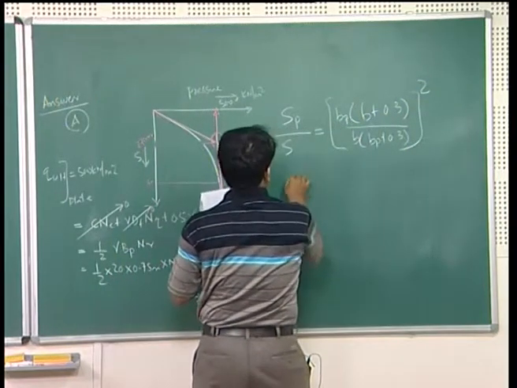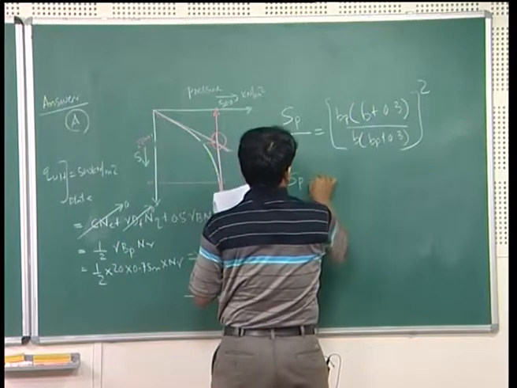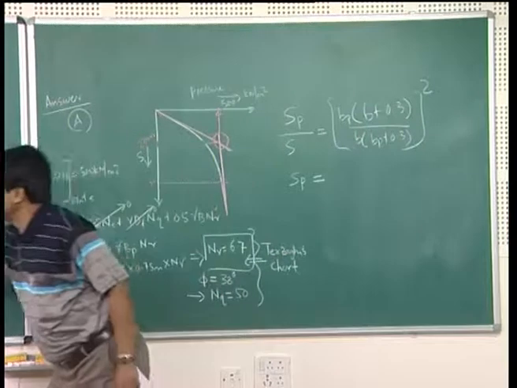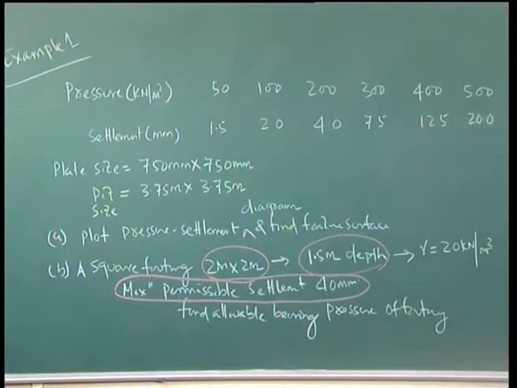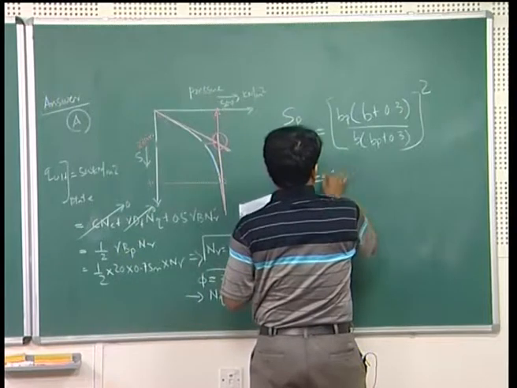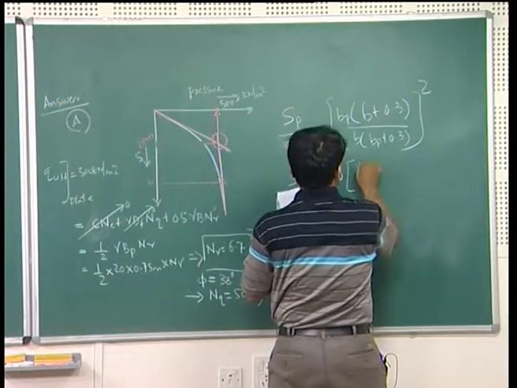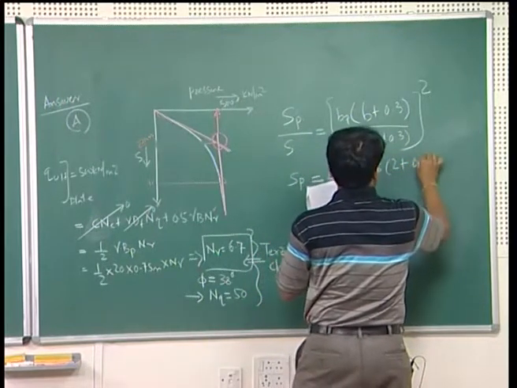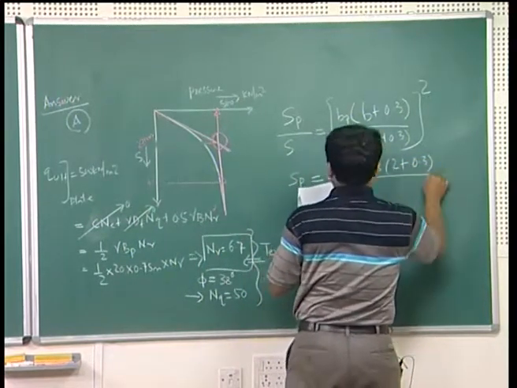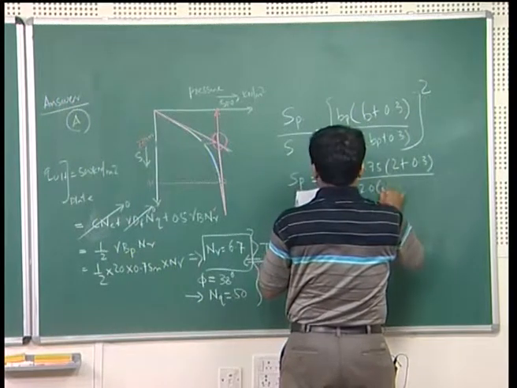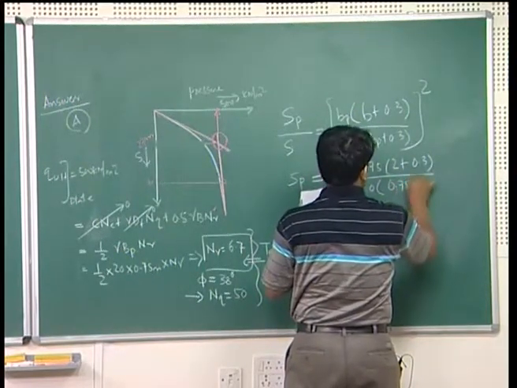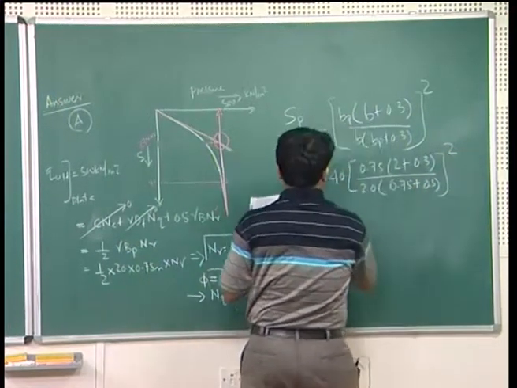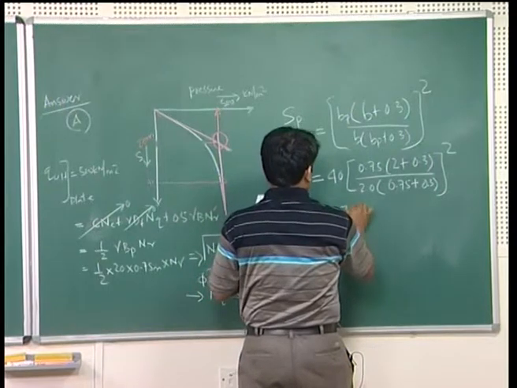Now, Sp, the settlement of plate corresponding to the maximum permissible settlement of footing given as 40 mm, is equal to 40 into (0.75 into 2 plus 0.3) divided by (2.0 into 0.75 plus 0.3) whole square, which is equal to 27 mm.